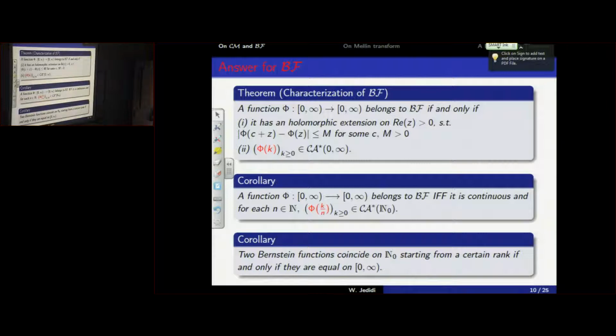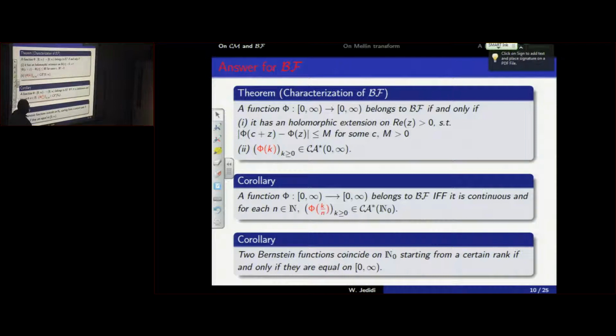Then the answer for completely Bernstein functions, the trivial Bernstein function is f of lambda equals lambda. Then a function phi is a Bernstein function if and only if its restriction on the integers forms a completely alternating function, and it admits a holomorphic extension on the half real plane with some bounded condition on the increments.